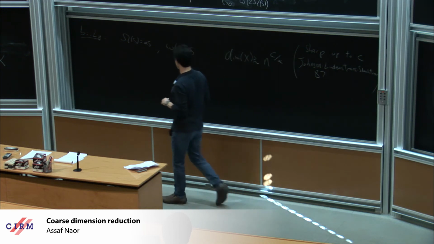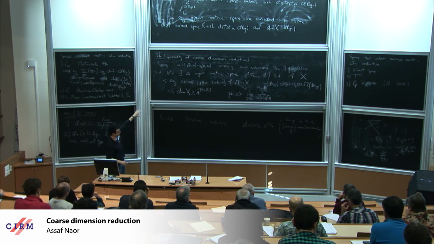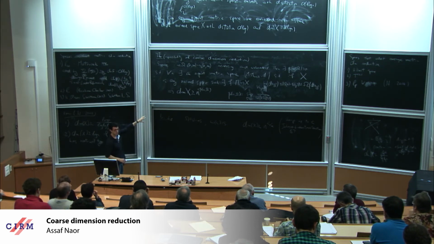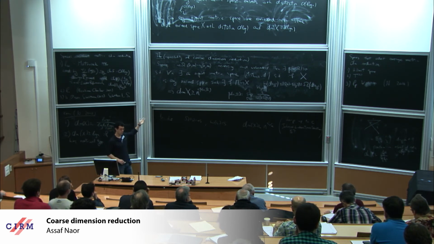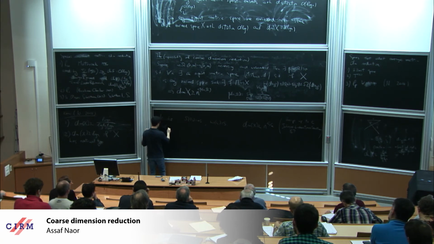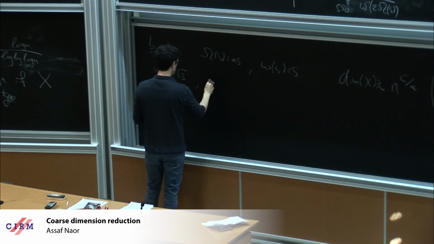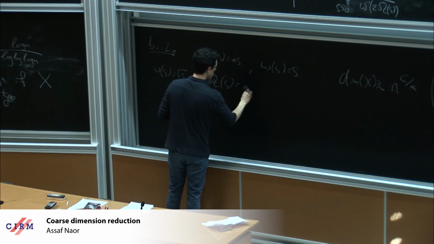But that's what Matoušek was interested in, and all I'm going to show, well, I don't know how much I'll show, but the proof really amounts to just going through his proof and understanding that it can be applied to general moduli. But for example, you can consider snowflakes. So let's say little omega of s is square root of s, and capital omega of s is alpha square root of s.